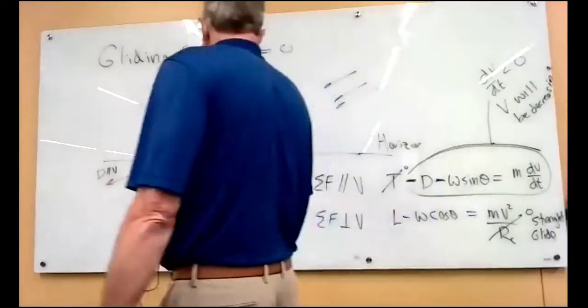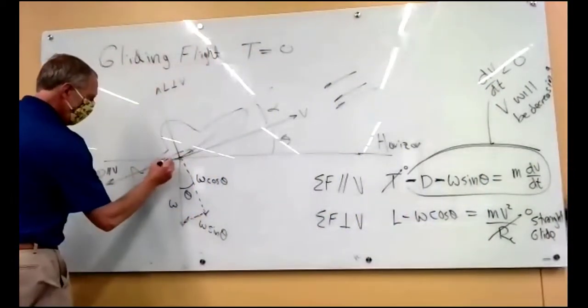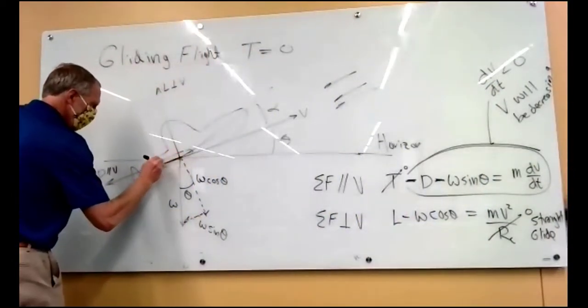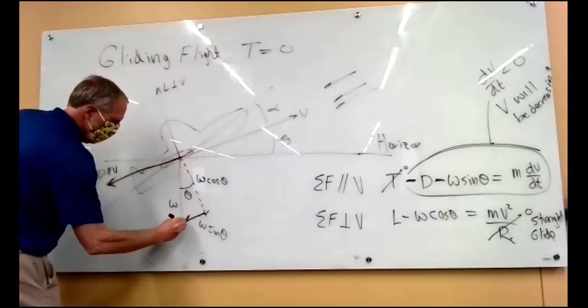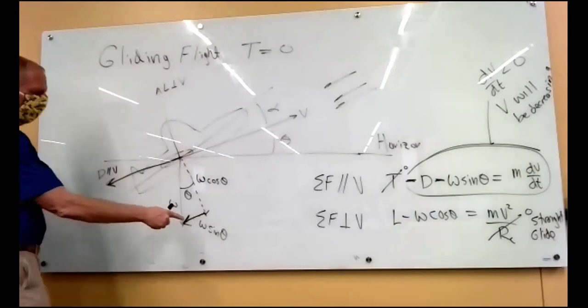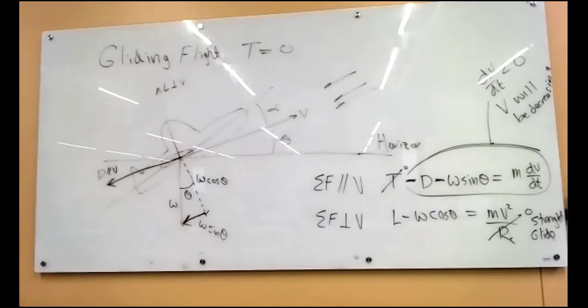And if you just look at the picture here, you can see drag acting backward, weight acting backward, and there's nothing to balance it out. So pretty clearly, if we try to go up with the thrust off, we're going to keep slowing down. Now you can do that, it just means you're going to lose airspeed, eventually stall, and fall out of the sky.